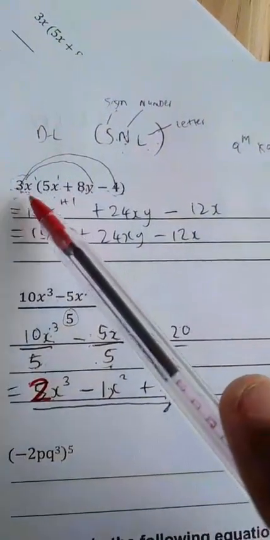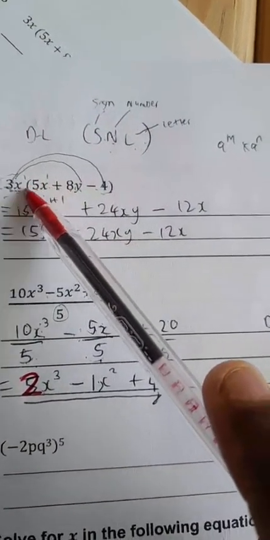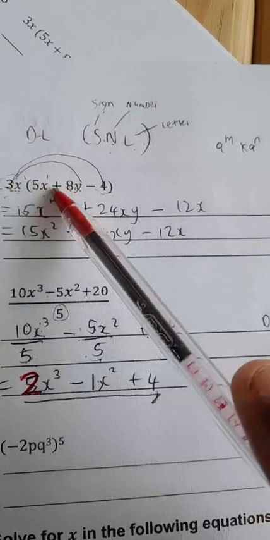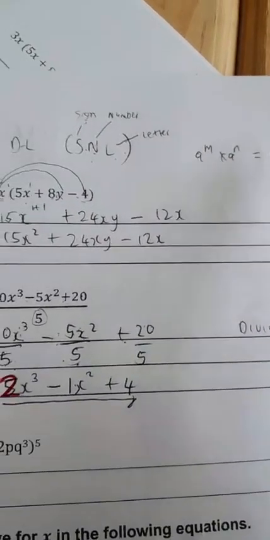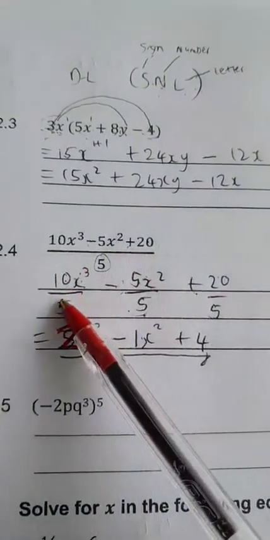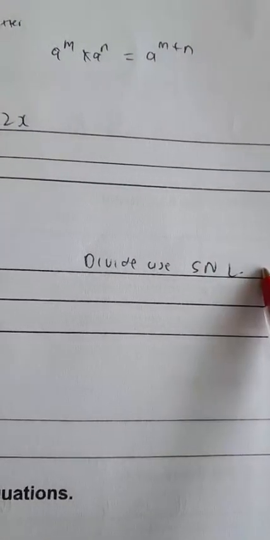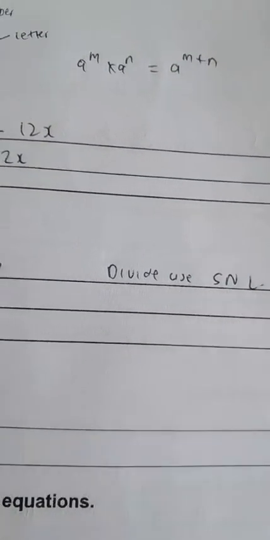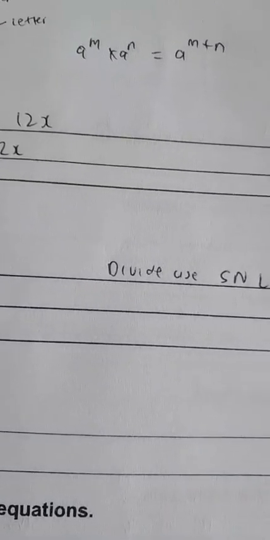What does the number, when I multiply them, give me? The letter. If the variables are the same when I multiply, what laws must I remember? You know, that's what I mean. Okay. Also, when you are dividing, you need to also consider the sign, the number, and the letter. Does that make sense? I hope that makes perfect sense.